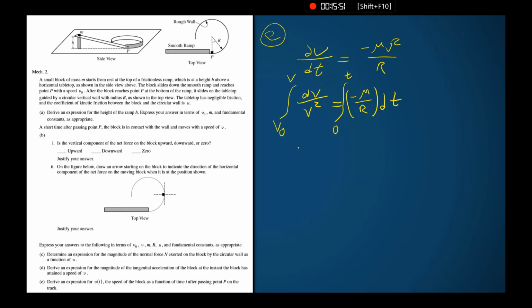Okay, so that leaves us with negative 1 over v from v initial to v right now is equal to negative mu over r times t from 0 to t. Okay, so do upper bound minus lower bound, and then we'll be good to go.